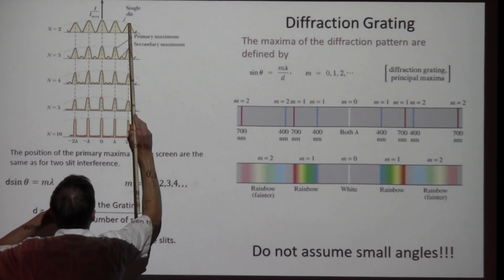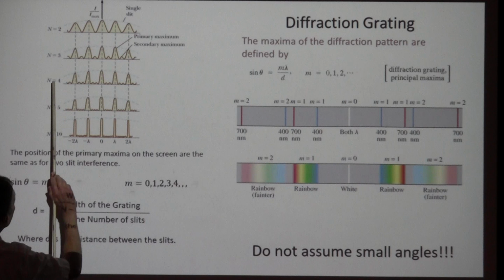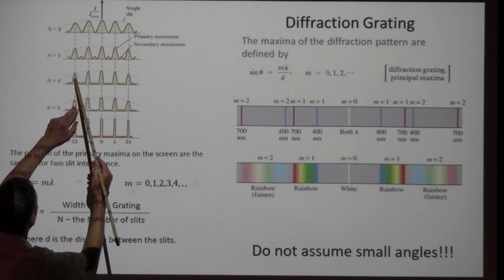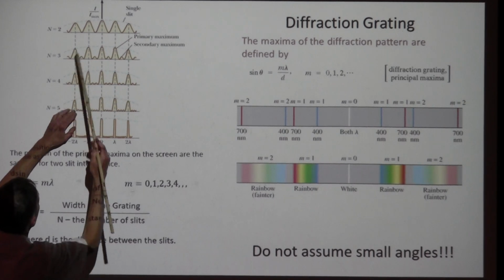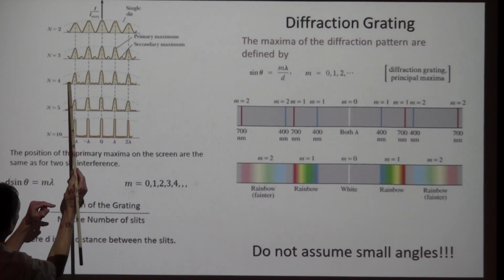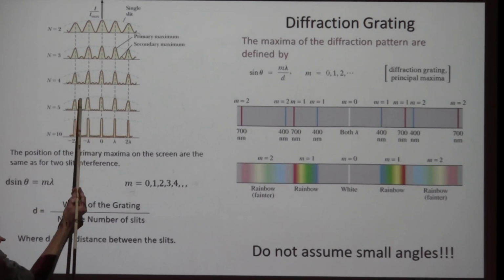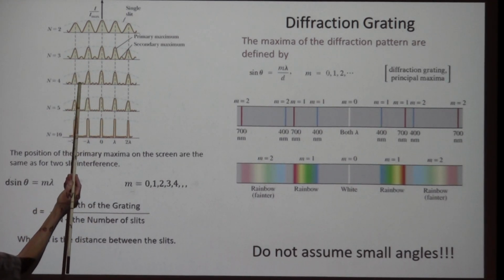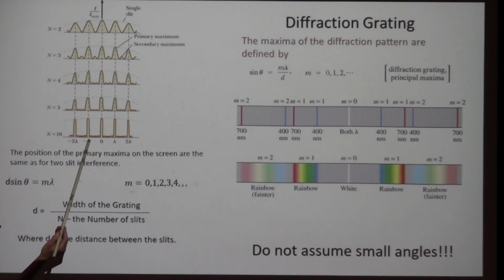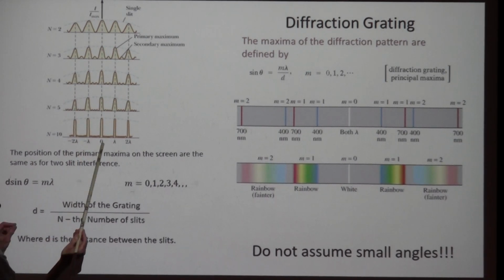As we add slits, the main maxima are going to get sharper and more well-defined with a greater number of slits. There are some little secondary maxima that are really tiny, and as we add slits, they get tinier and tinier and negligible.